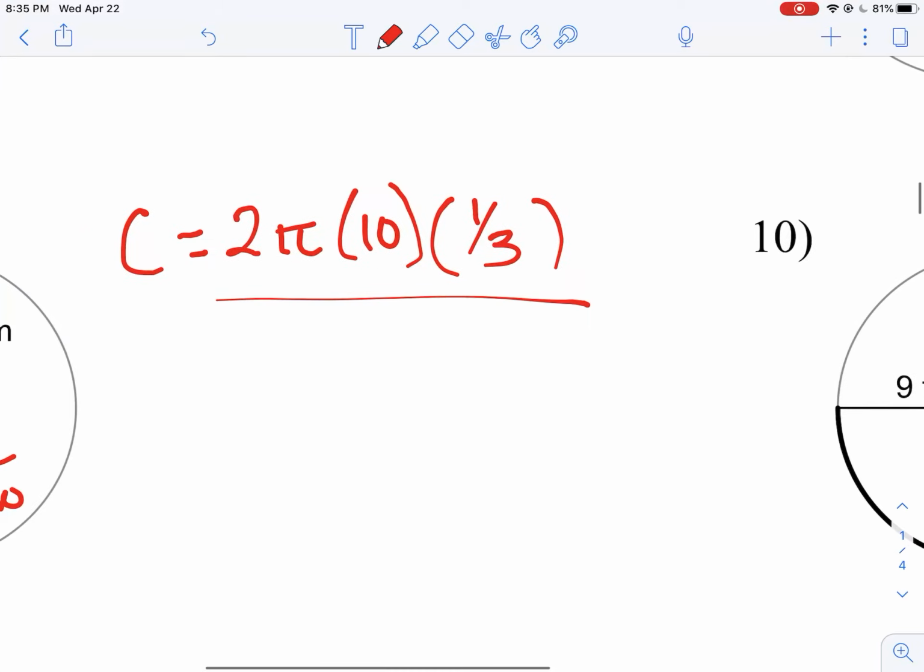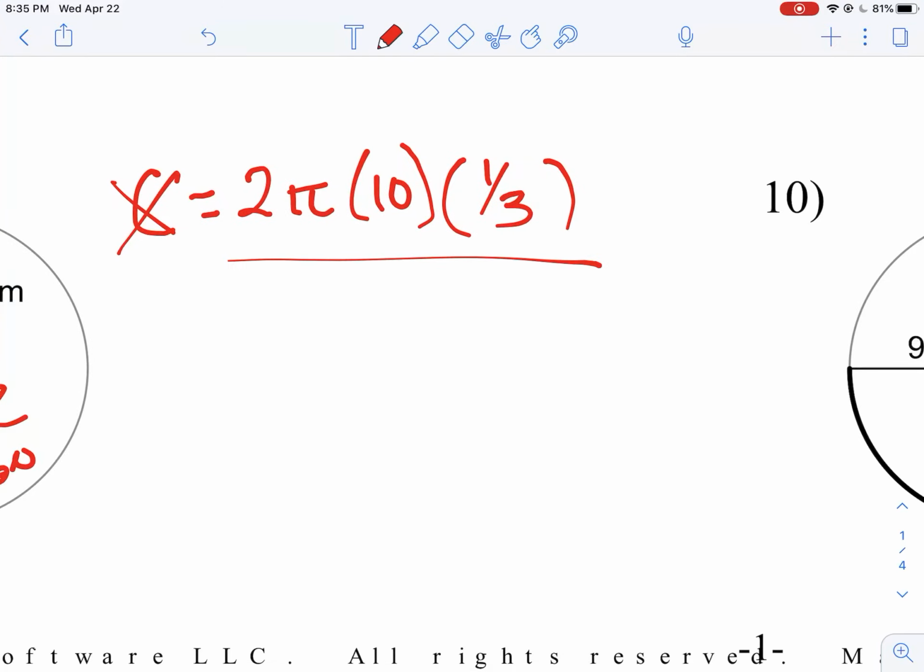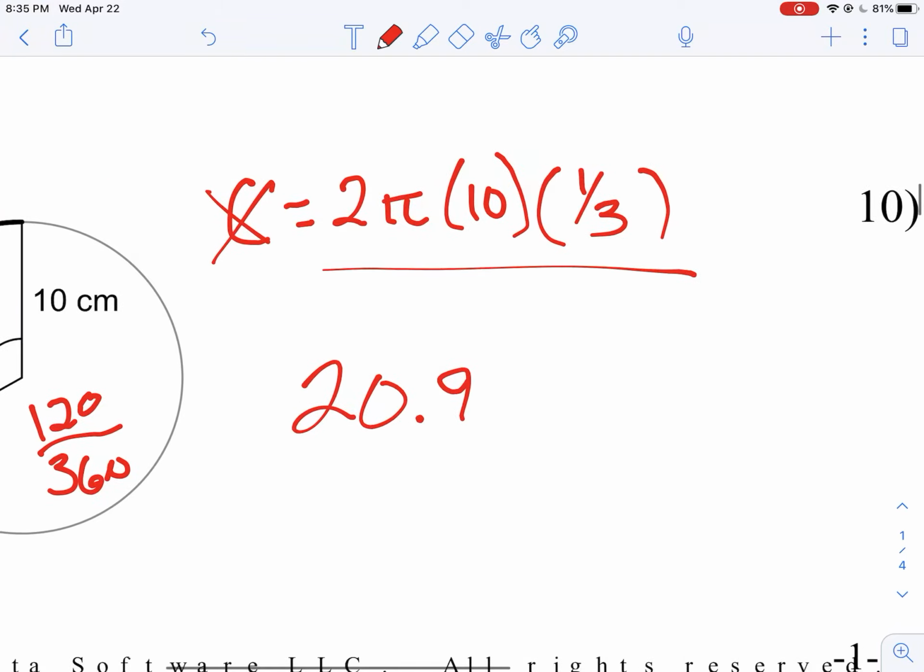I really shouldn't be writing the C because we're really not finding circumference. We are, but then we're changing it, so it's not really circumference. It's a fraction of the circumference, 1/3 of the circumference. So my answer here would be 20.94, which rounds to 20.9 centimeters.